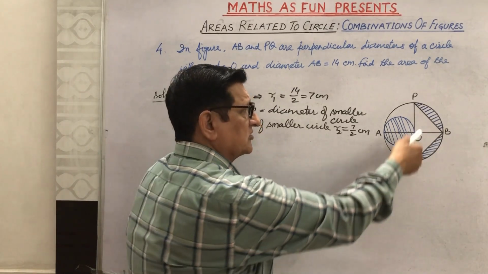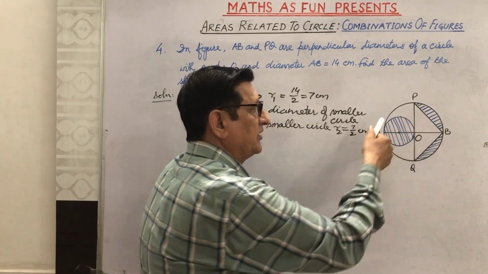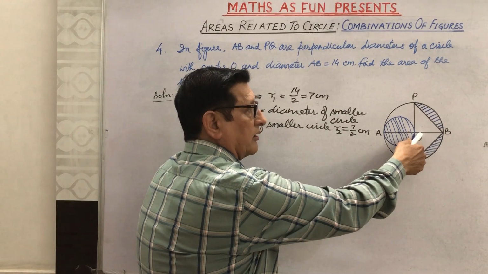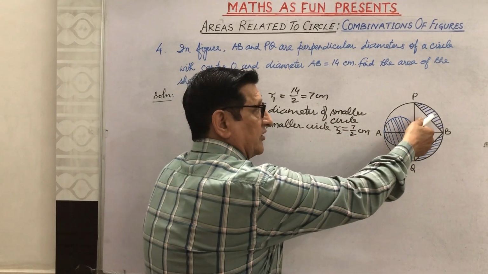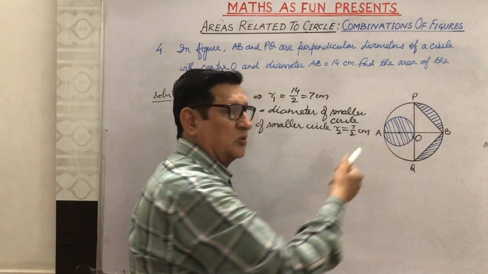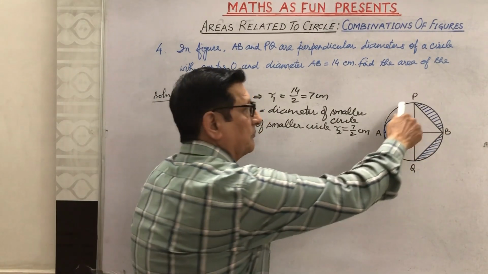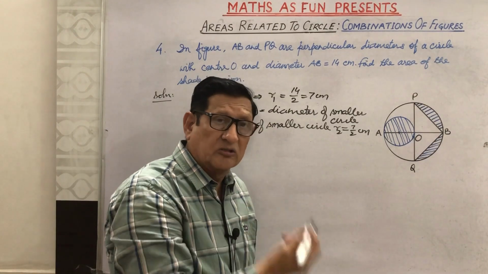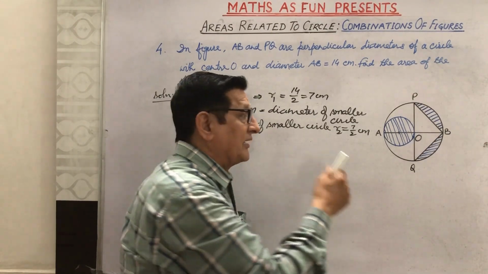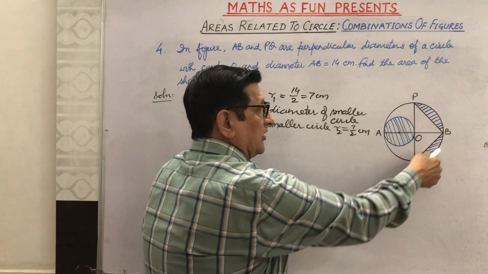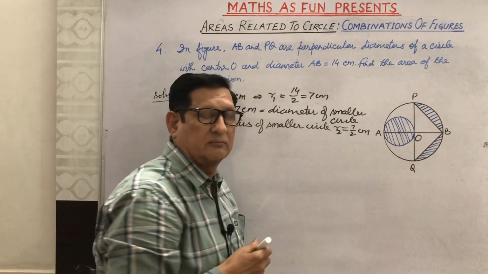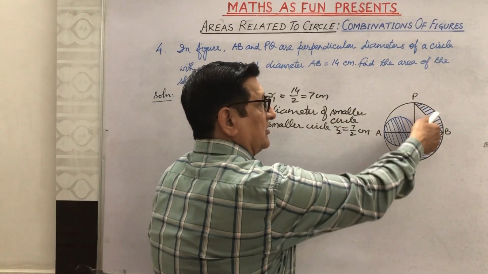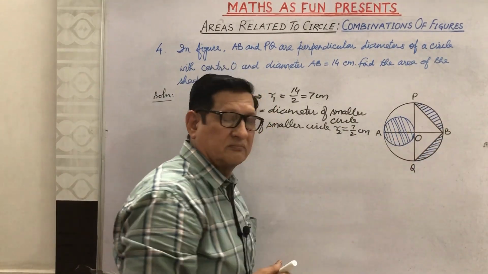The area of these two segments can be found by using the angle 90 degrees. The area of this segment into 2 will give you the area of this complete region. We can also use another method: if we find the area of this semicircle and subtract the area of this triangle, that will also give us the area of this particular region.